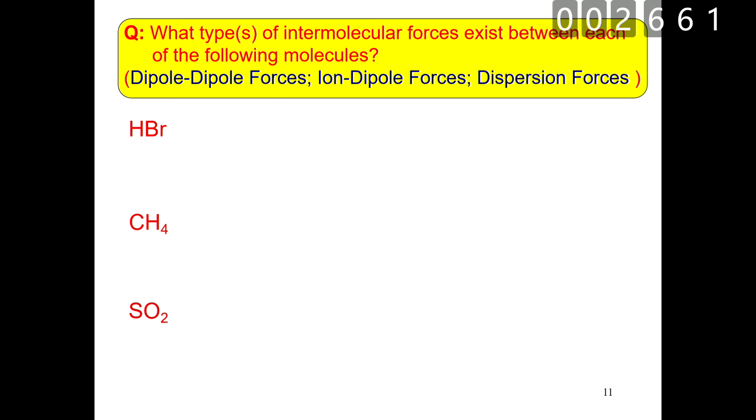Question. What types of intermolecular forces exist between each of the following molecules? Here we listed three kinds of intermolecular forces: dipole forces, ion dipole forces, and dispersion forces.